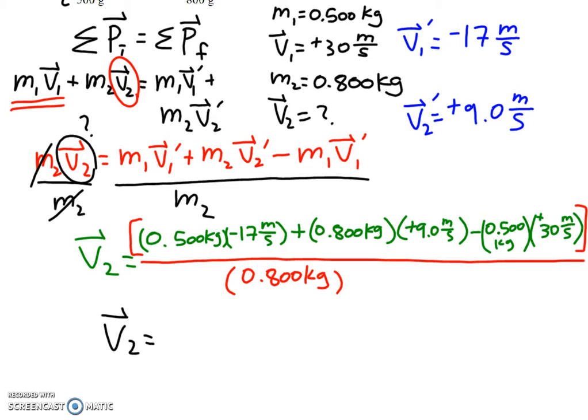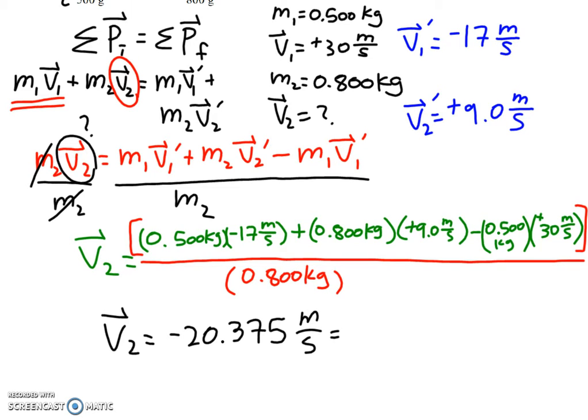It's your choice. Now, if you punch every number inside, fortunately it's not a nasty number, you will have negative 20.375 meter per second.